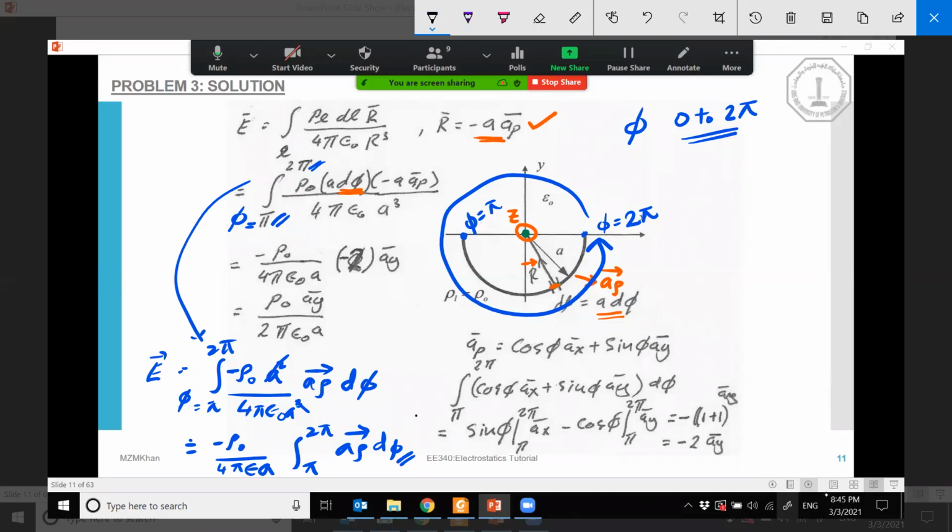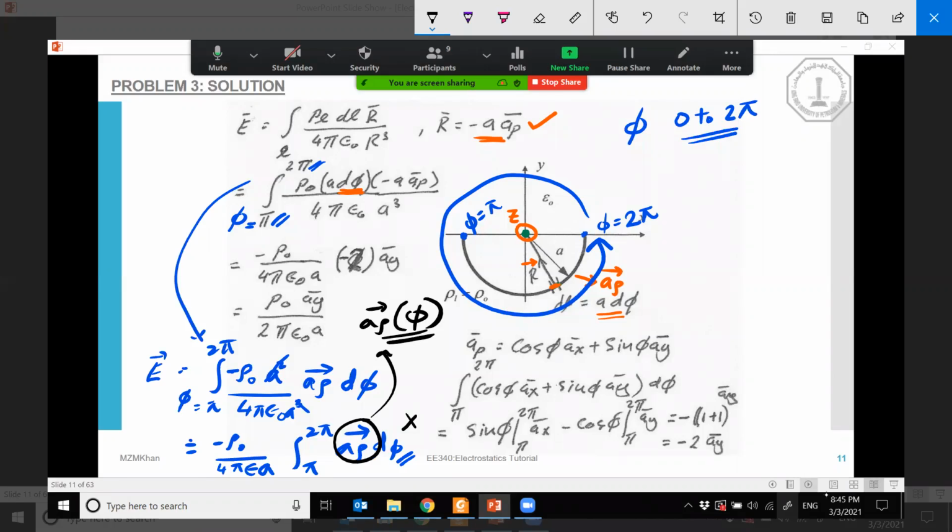And the answer is no. I cannot take a rho outside the integral and just say that it is 2 pi minus pi and therefore it is pi. No, it's wrong, because the unit vector a rho is a function of phi.